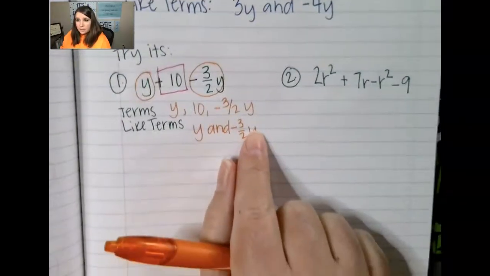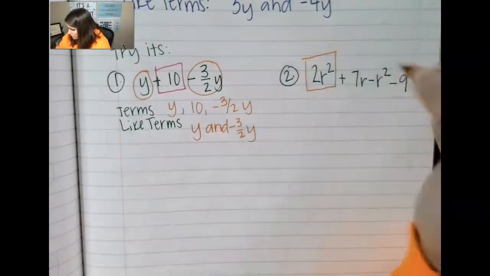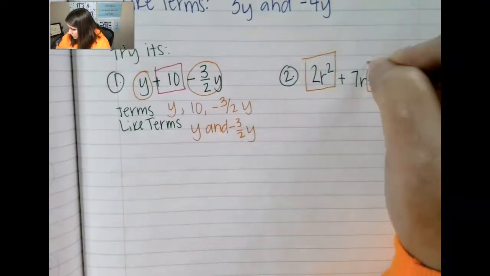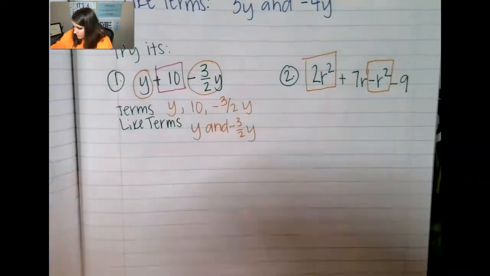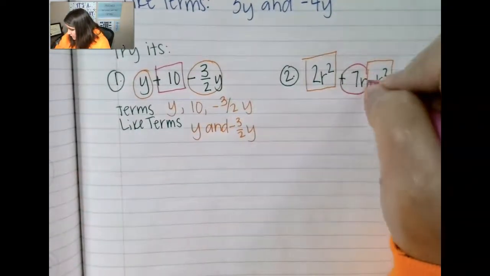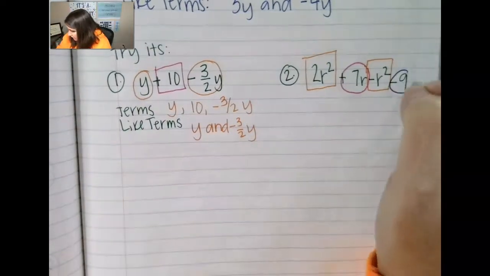Okay, let's look at the next one. Over here, there's an r squared. And then this one's a little bit different. This one is a 7r, and it also has a -9.